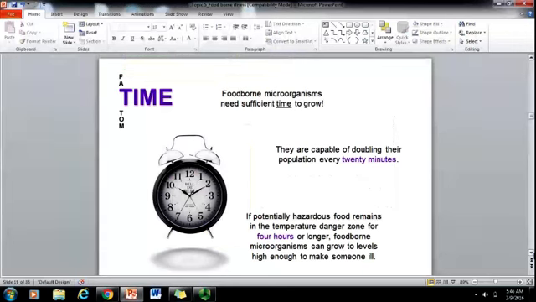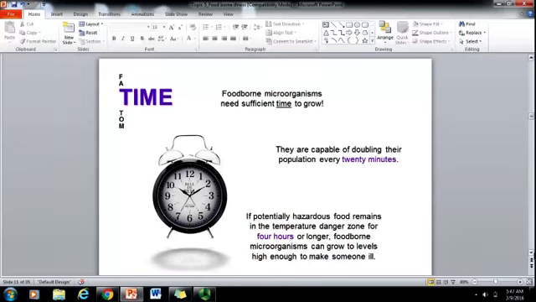The other crucial factor is time. With an optimum temperature of 4 to 60 degrees plus, and a longer time, you can imagine how many bacteria can multiply. Usually within 20 minutes they are capable of multiplying into millions. Imagine if we leave food within the danger zone temperature, they can reach billions and trillions.